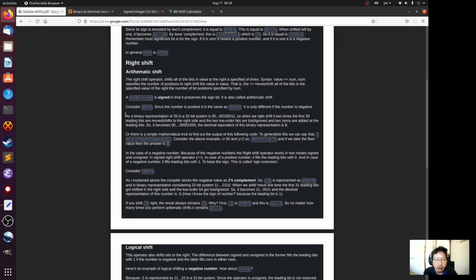Okay, and because arithmetic shift is sign aware, it will copy the sign bit so that the sign is preserved. Okay, in contrast, the logical shift will not conserve the sign.